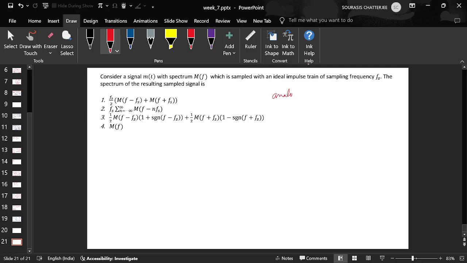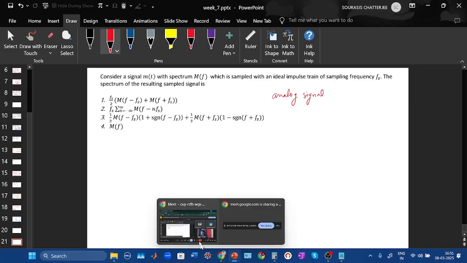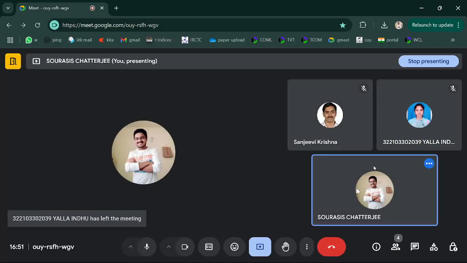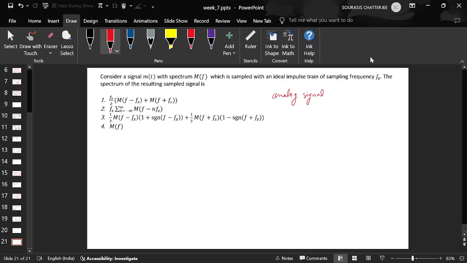First we have this analog signal m(t), and then you sample with an impulse train of sampling period Ts.